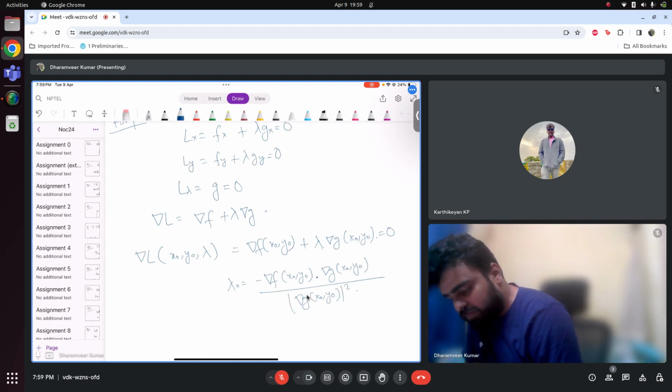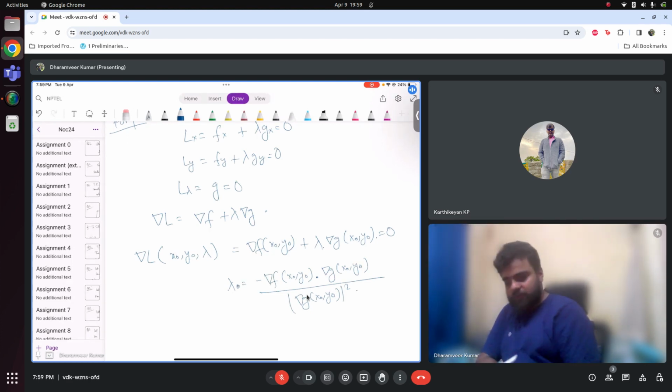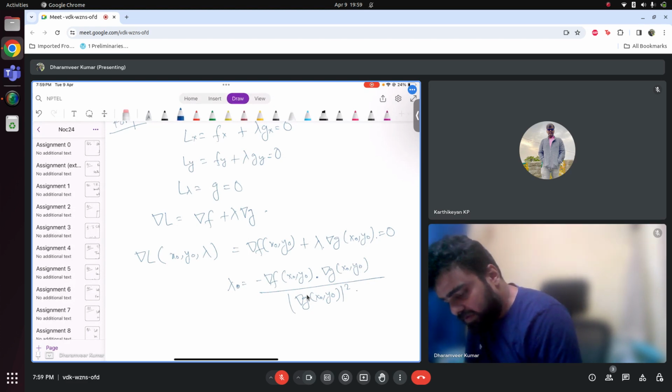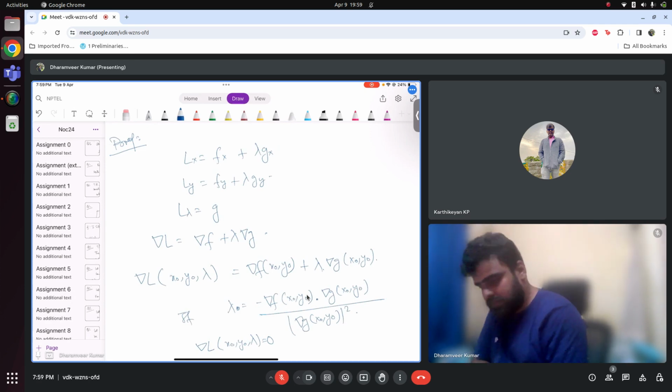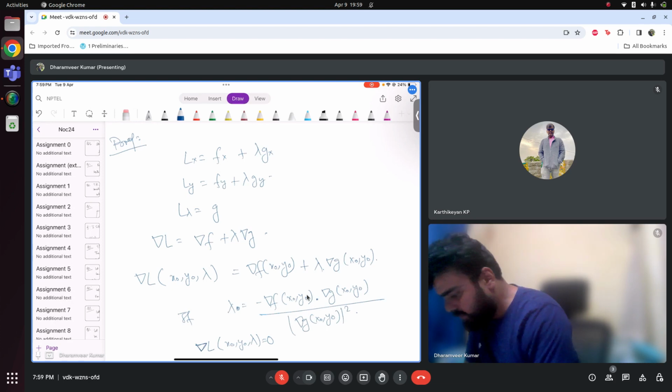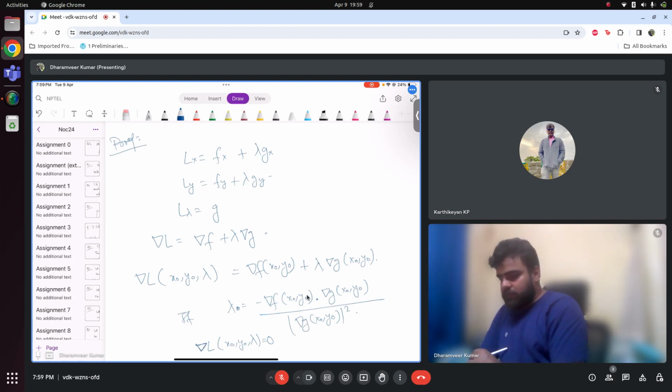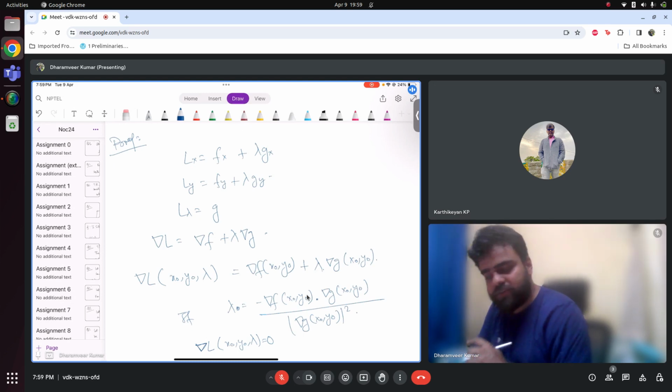That is how we find that there exists a lambda naught. If you put in lambda naught equal to this, it will go to 0. For this we need that grad g of x naught, y naught is not equal to 0.